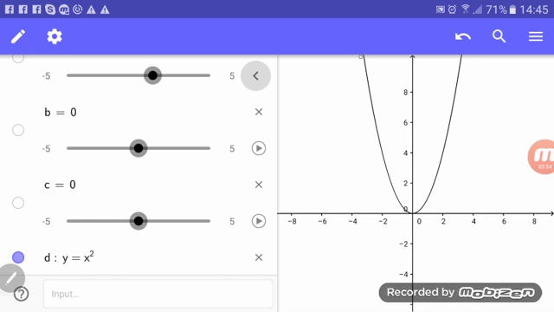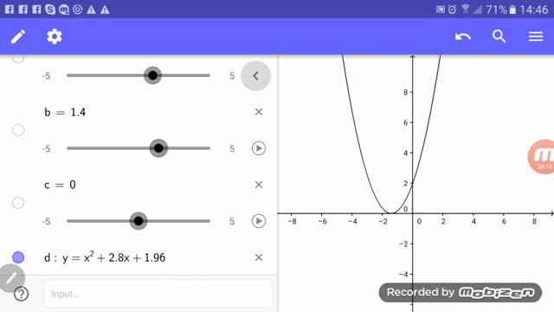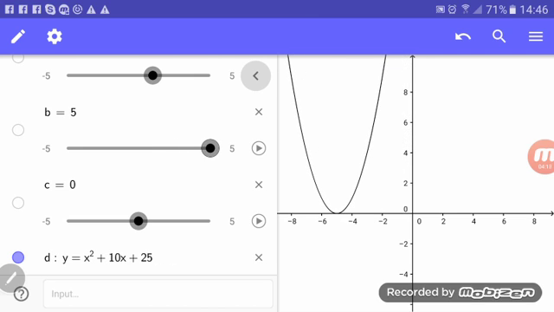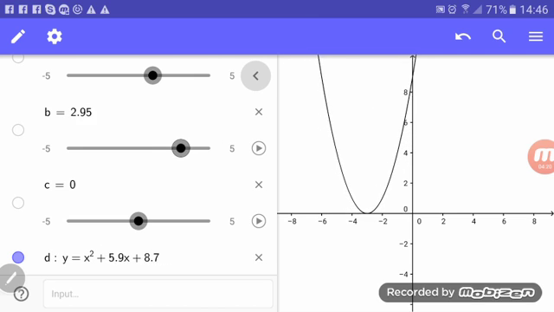Remember, this is representing a quadratic equation. Now, if I've got b and it's x plus b in the bracket, when b is a positive number, let's see what happens, shall we? Watch what happens to the graph as I increase b. Remember, b is a positive number.